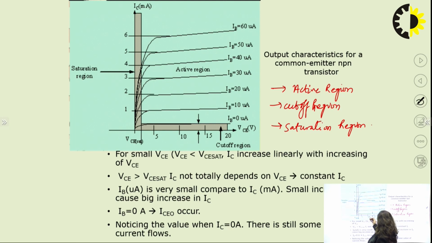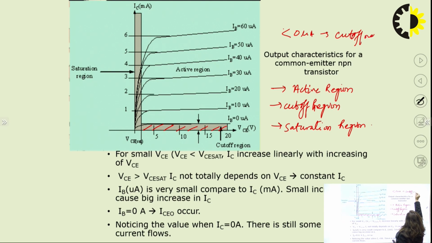Below 0 microampere, there is a region which is called the cutoff region. So this region below 0 microampere is the cutoff region. Then, above, between VCE and the value where the current is increasing, the region is called the saturation region.